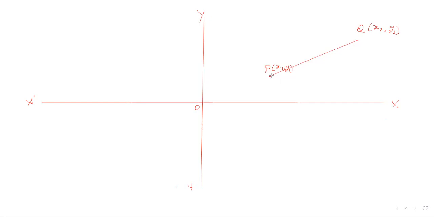If we produce this line to intersect the x-axis, then remember this angle, let's denote it with theta, is called inclination.